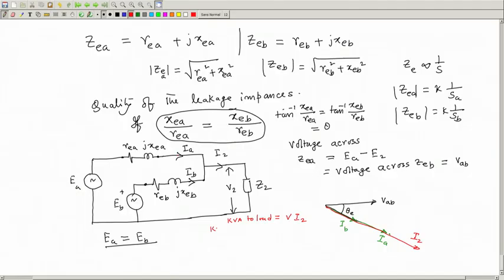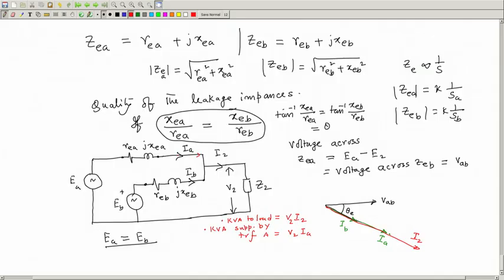The KVA supplied by transformer A will be, this voltage is V2, so V2 into IA.